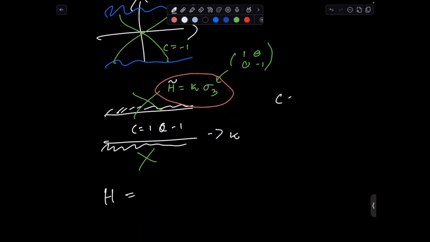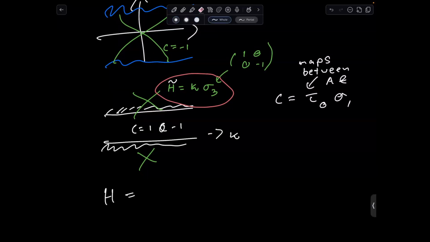So chiral symmetry, I can fix to be, without loss of generality, tau 0, sigma-1, where tau is the matrix that maps between A and B. So that's some other Pauli matrix. That is H A, that is H B.